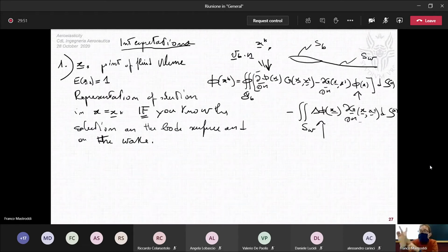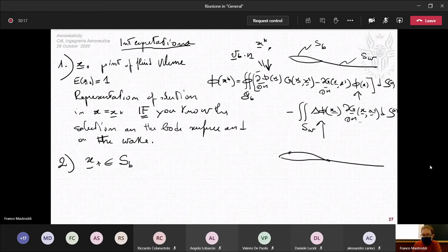And so I can go to the second kind of interpretation of this formula, number 2. If x star is a point of the body surface, imagine taking this point and putting it on the body, here, in a fixed position. What happens to this equation?